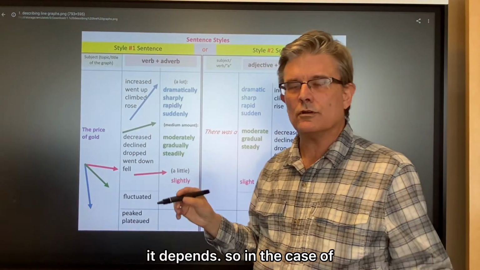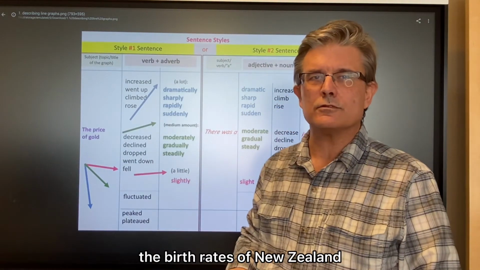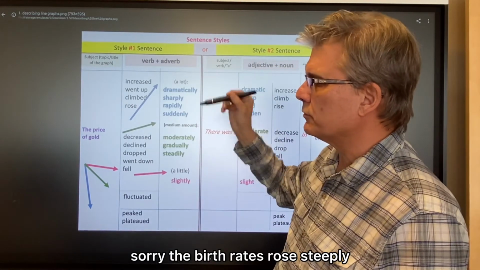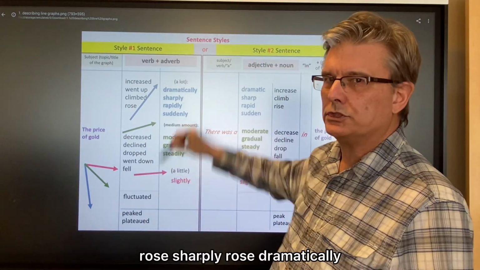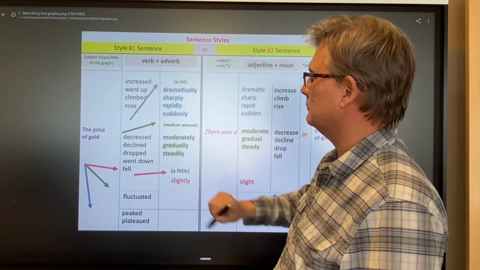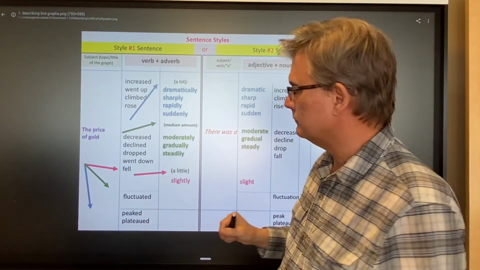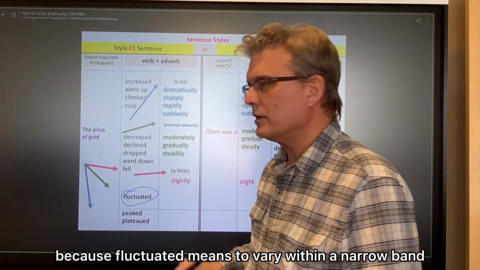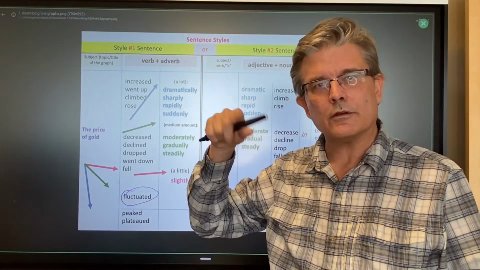It depends. So in the case of the birth rates of New Zealand, there was a sharp or a steep, the birth rates rose steeply, rose sharply, rose dramatically. And that would have been fine. Fluctuated is an interesting one because fluctuated means to vary within a narrow band.